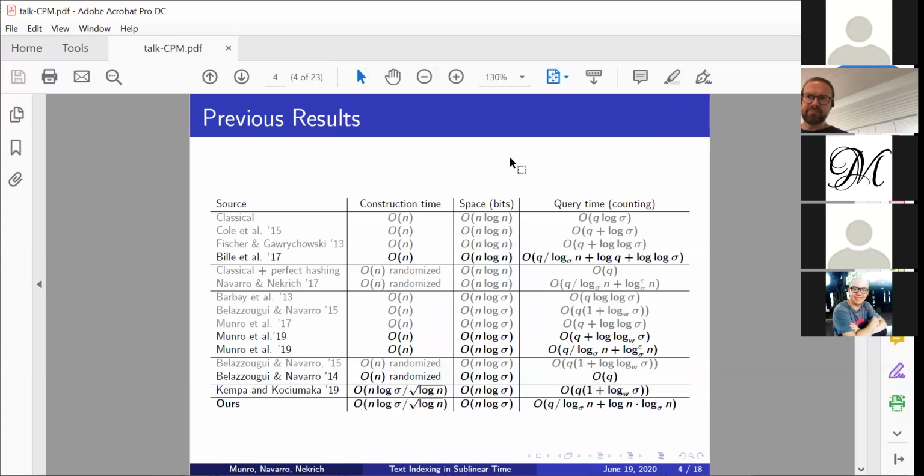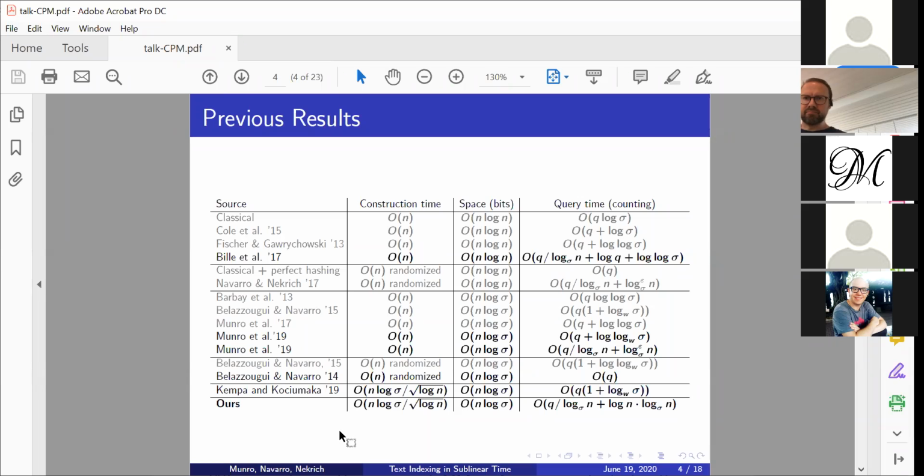There is just one paper that achieves sublinear construction time, and this is in the case when the input text is in the packed form. And this, as I said, was just introduced in the previous talk. The construction time would be n log sigma divided by square root of log n.